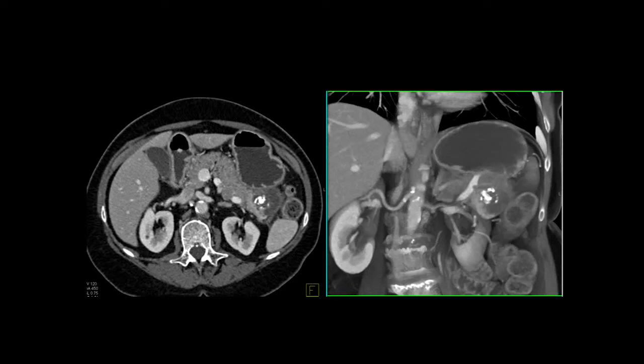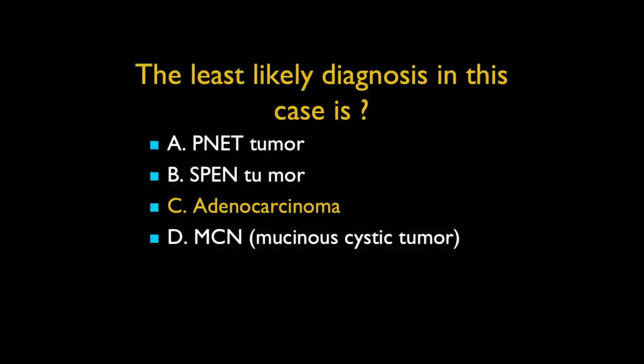They're cystic. They can be in the body, less likely toward the tail. So it's not that likely to be an MCN. That would not be my differential at the top. But the one thing this is not is an adenocarcinoma. It's cystic, dense calcifications. Adenocarcinomas essentially never calcify. So the least likely diagnosis is an adenocarcinoma.